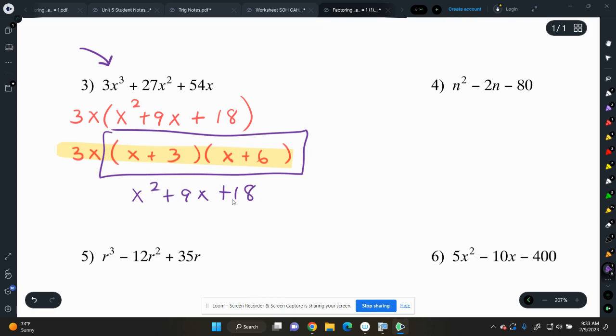Well, that's not what I started with, so it's wrong. So what we're saying is that this is equal to 3x times x plus 3 times x plus 6. And it is, but if you leave that 3x off, it's not equal to that, okay?